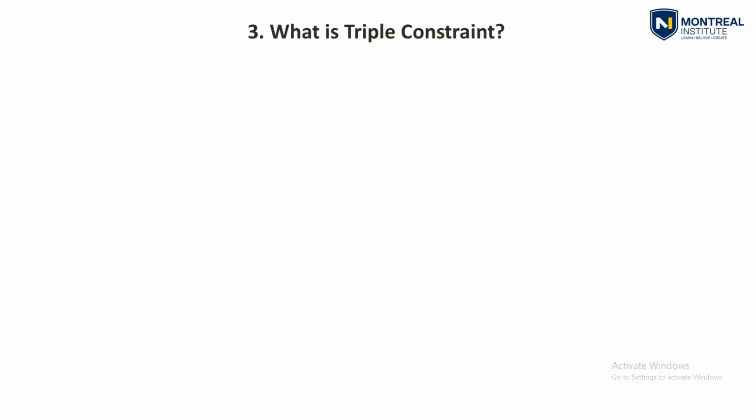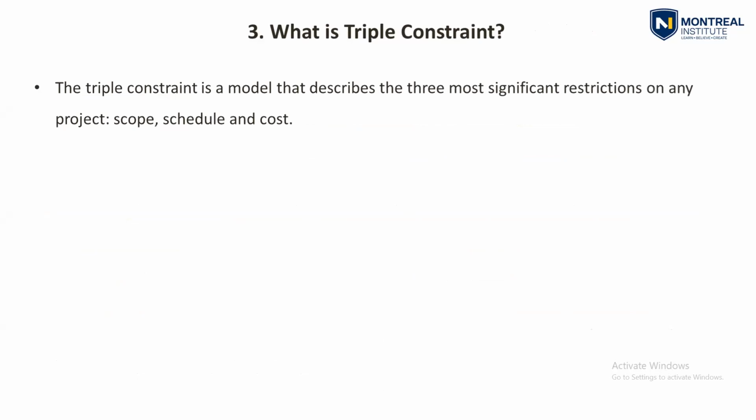So what is triple constraint? The triple constraint is a model that describes the three most significant restrictions on any project: scope, schedule, and cost. So the most used constraints in the project are scope, schedule, and cost.